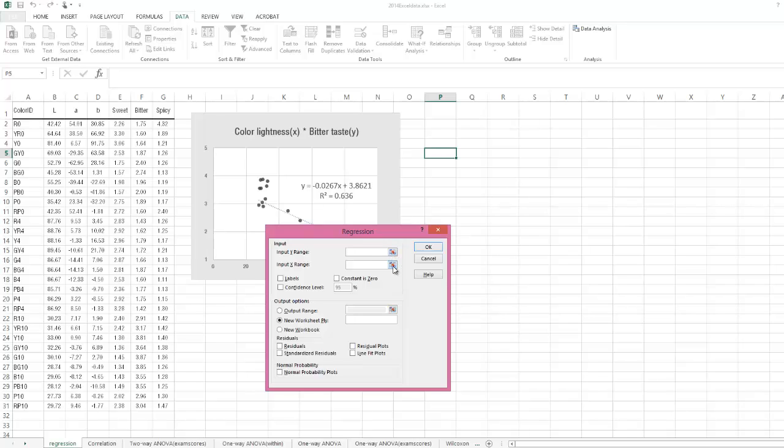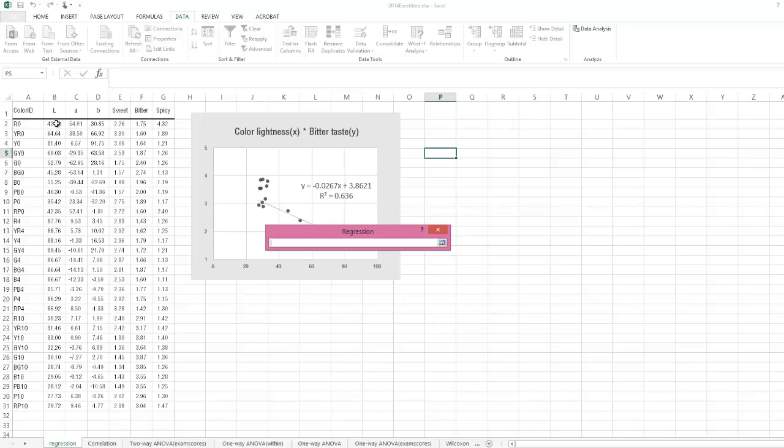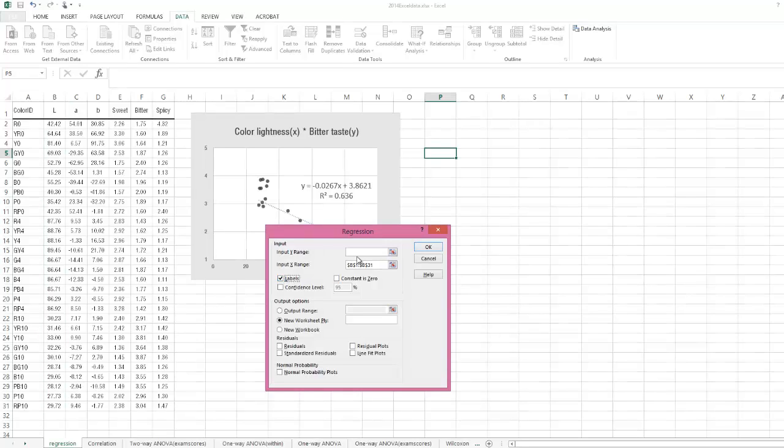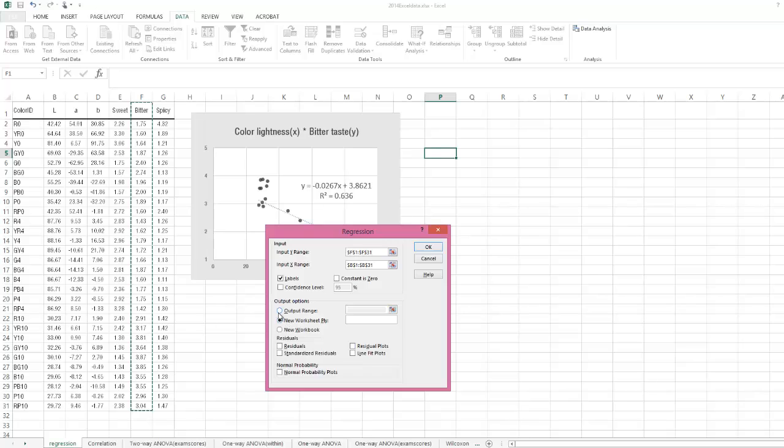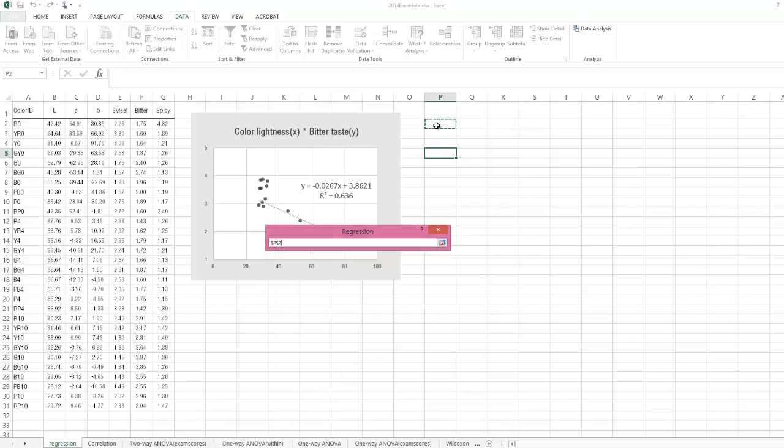Input x range, x is lightness. Let's create here a lightness label, and in y range, bitter. Okay, and the output range starts from here.